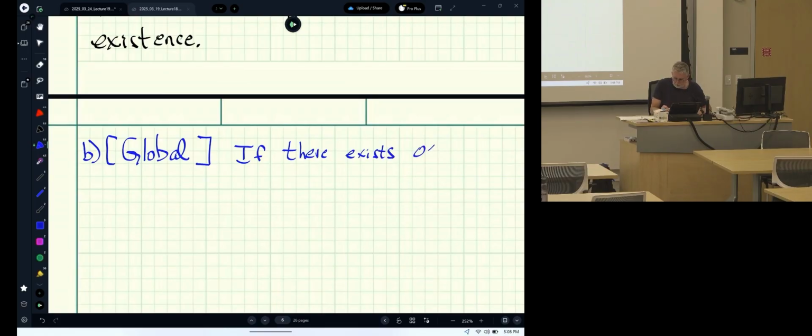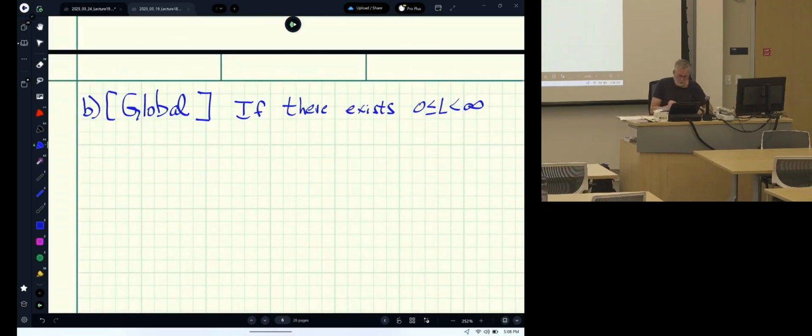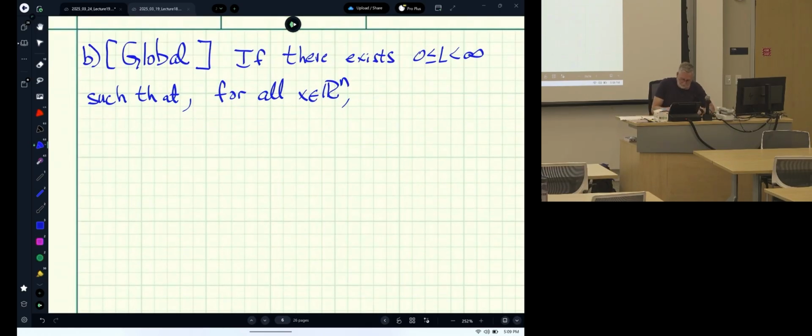If there exists some constant L that is finite, such that for all values of x in Rn, so I calculate the Jacobian, each of its entries.